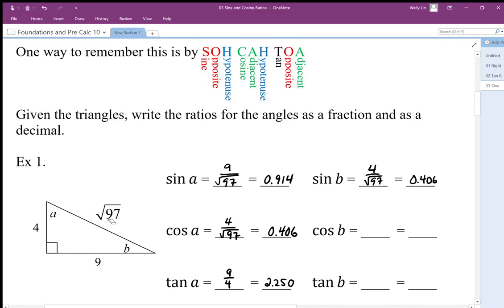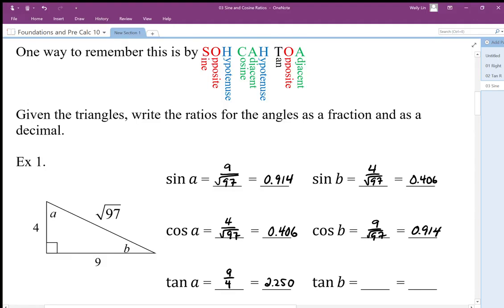If we take the complementary angle B, the cosine of A and the sine of B are the same. In fact, cosine actually means the sine of the complementary angle. So cosine A means it's the sine of the complementary angle B. So cosine B, then, we're going to look at the adjacent side, or 9, compared to root 97. And that works out to be the sine of A.